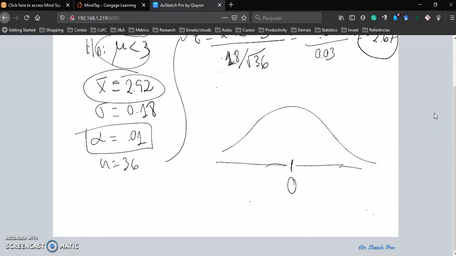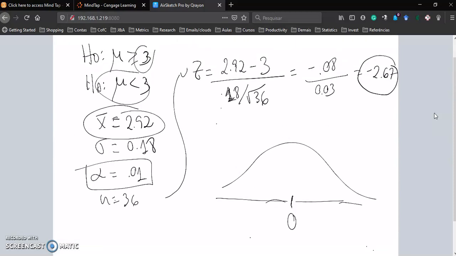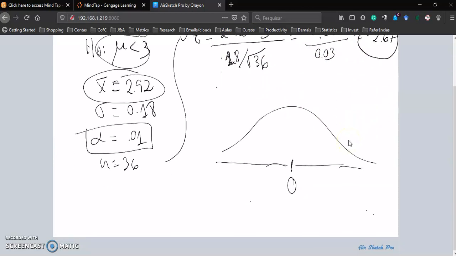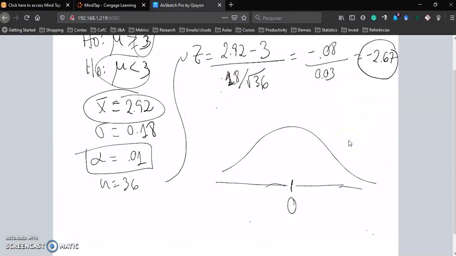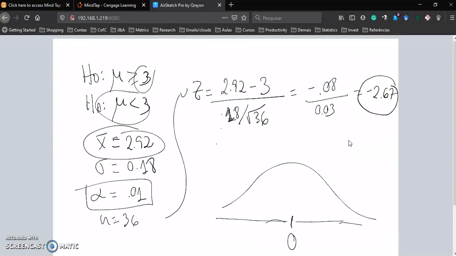This z-score here is a negative number, and I know that negative numbers are on this side. So it's negative 2.67.